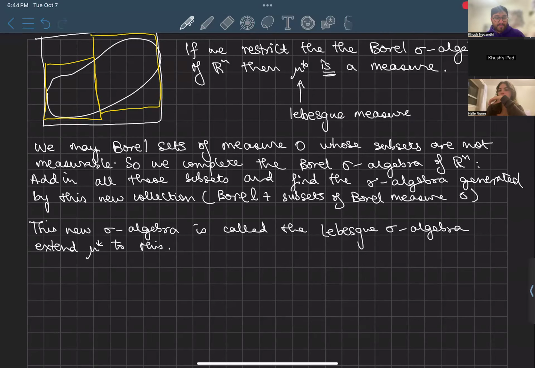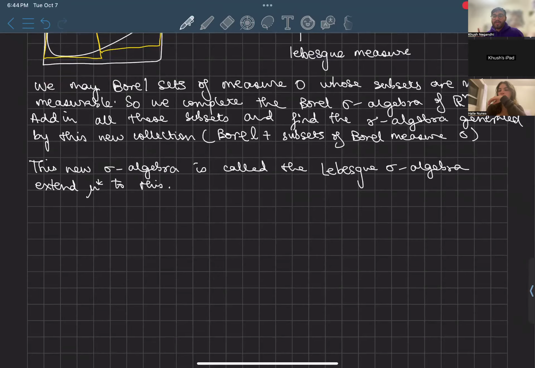Okay. I just want to end off with one last thing, and that is to show that every countable set has measure zero. Every countable set has measure zero.